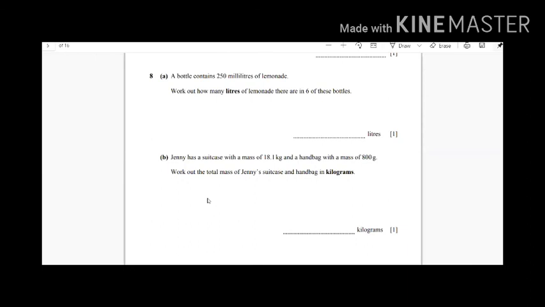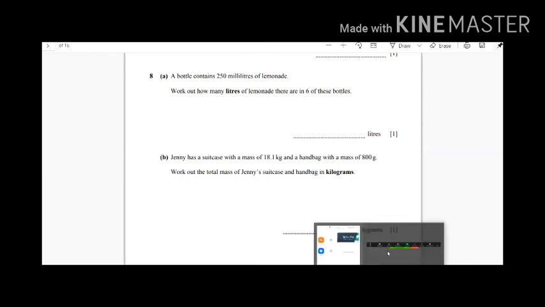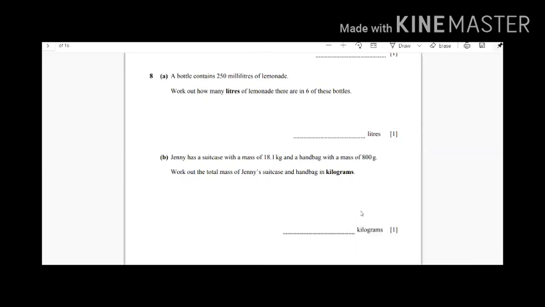Still confused? Okay. So what unit should you give the answer in? Yes, first look over here. You have to give the answer in kg. So how much is this one? 800 gram is equal to how many kg?